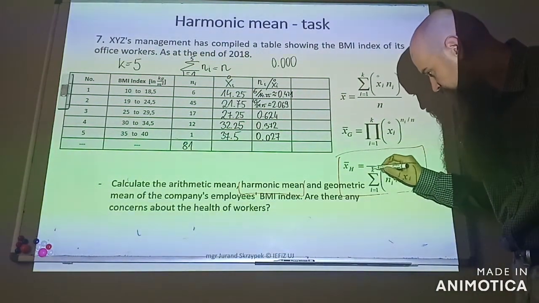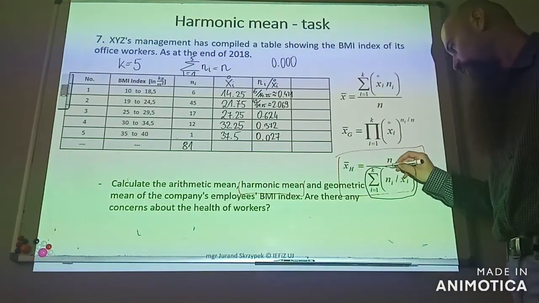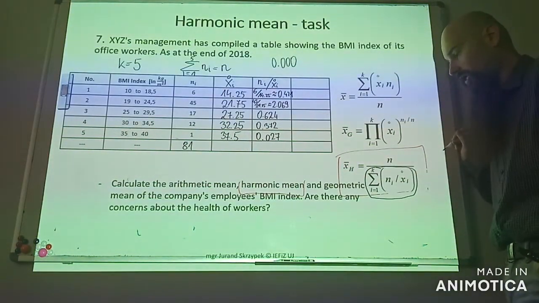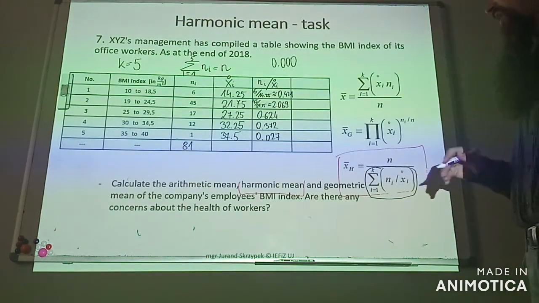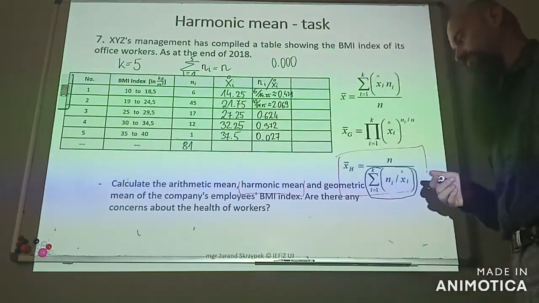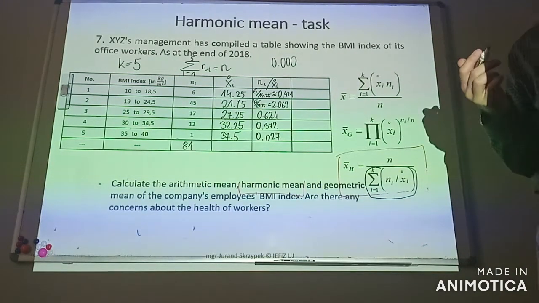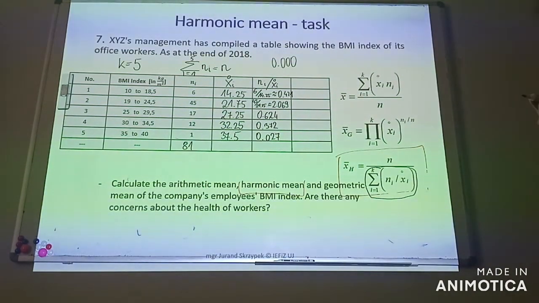Now we are able to estimate the sum of that column, the sum of this kind of ratios.